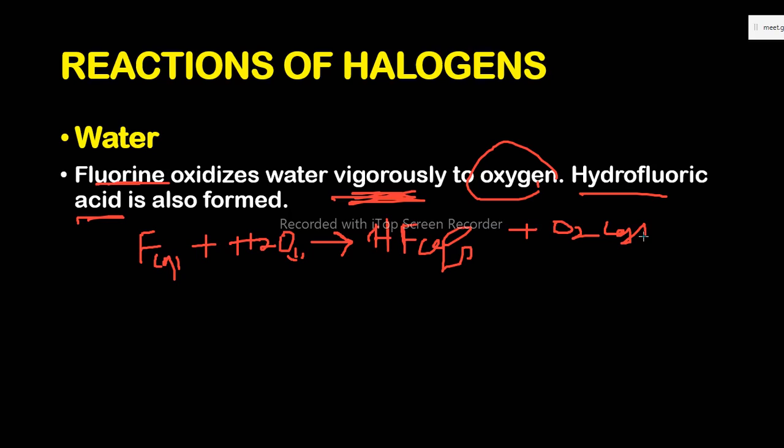Can you try to balance that equation? If you put a 2 here and a 4 here, what shall we get? With inorganic chemistry, you must write an equation and balance it.